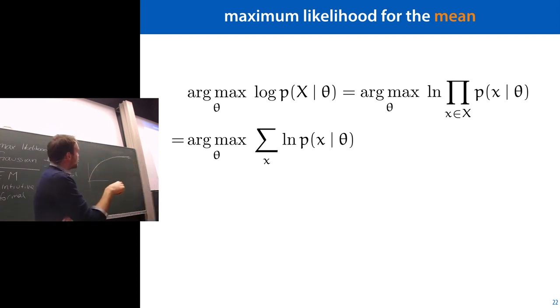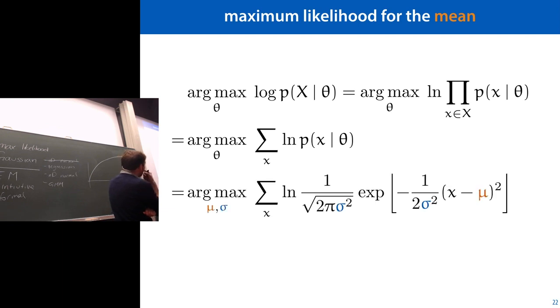So this is our objective: to maximize over theta the sum of the logarithm of the probabilities for theta. And then we fill in this specific case for the 1D Gaussian, the univariate Gaussian. So we're maximizing over mu and sigma the sum of the logarithms of this massive function that we've just been looking at.